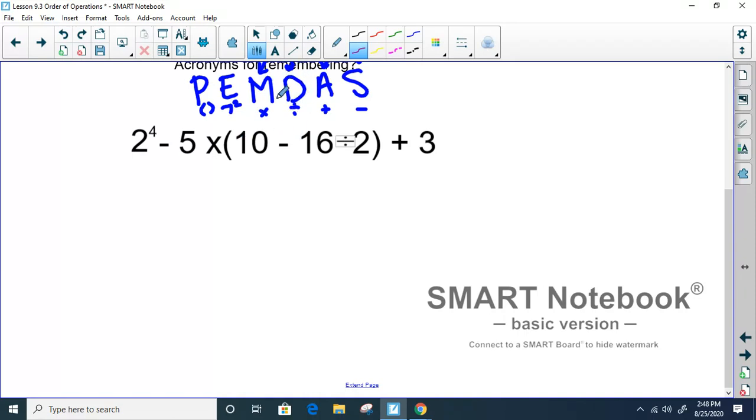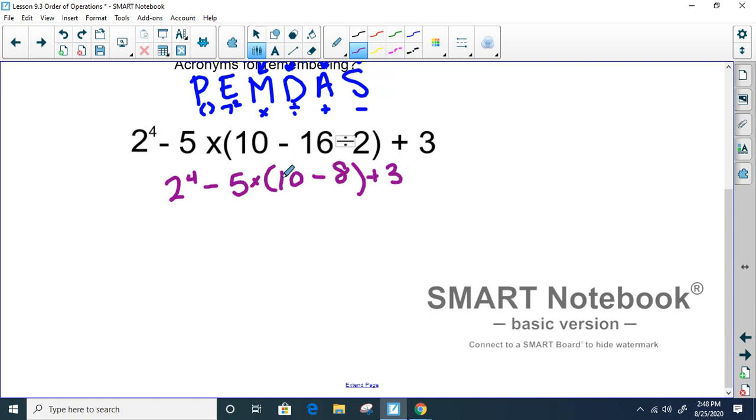So because divide is before subtract, we have to divide first. So I know 16 divided by 2 is 8. Now, when we do order of operations, it's super important that we step everything out. So everything I haven't used yet, I am going to bring down. So I've got 2 to the 4th power minus 5 times, and then parentheses 10 minus 8 plus 3.